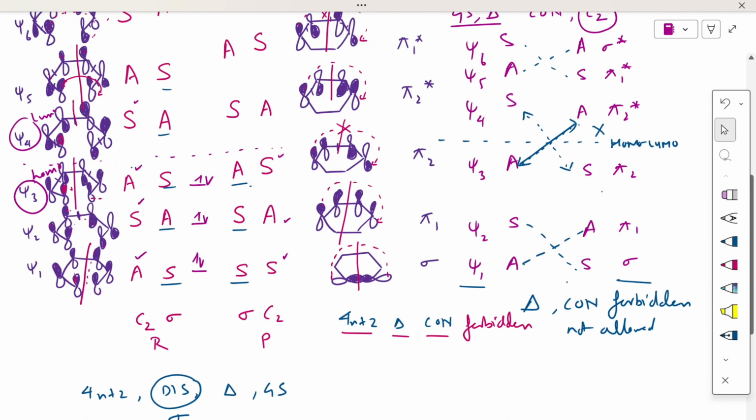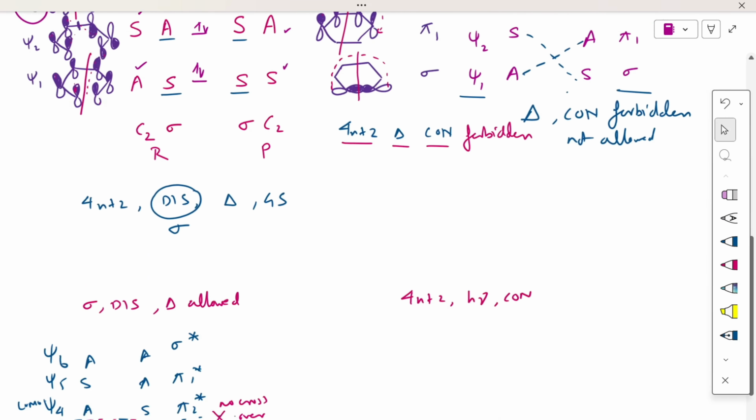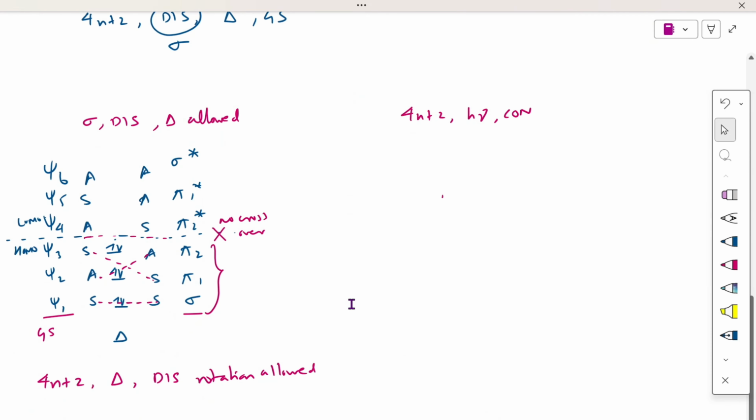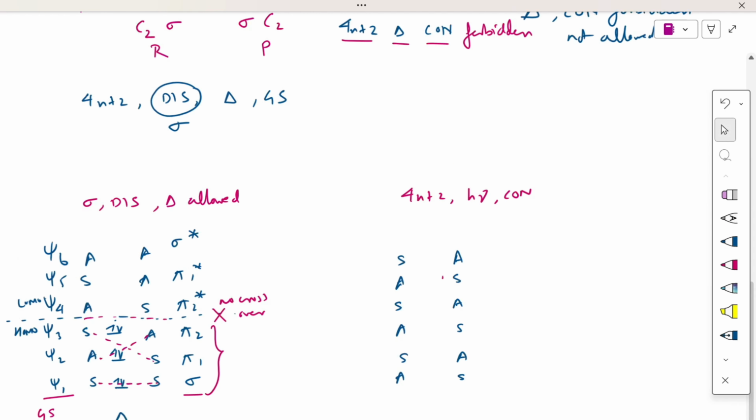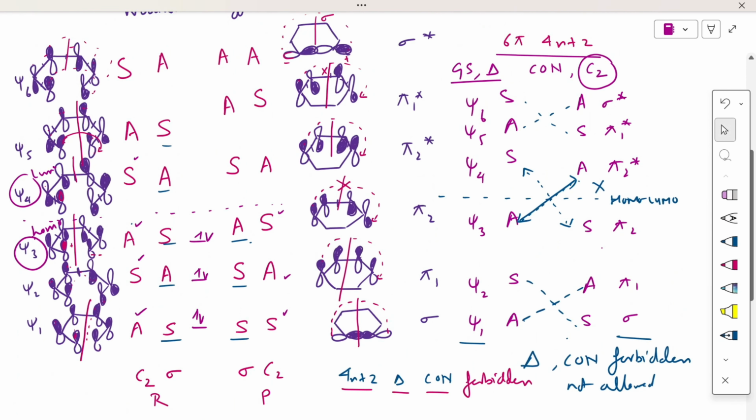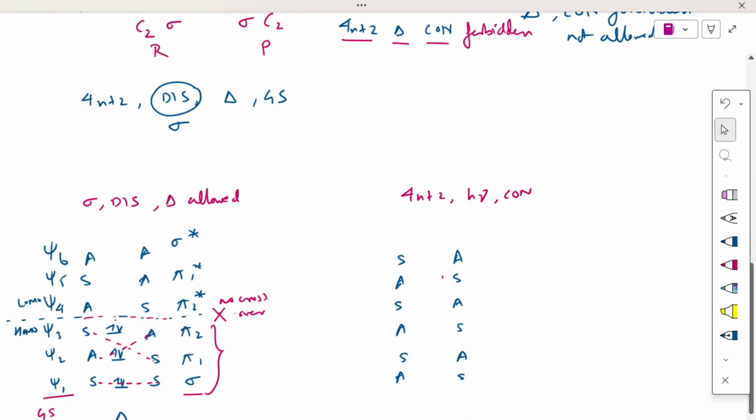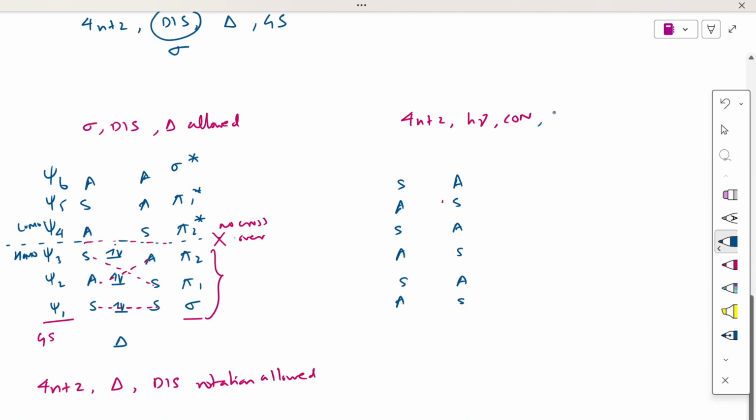So you have AS AS AS, AS AS AS, and here we have SA SA SA. So let us check: AS AS AS, SA SA SA for the conrotation C2. So what are these?